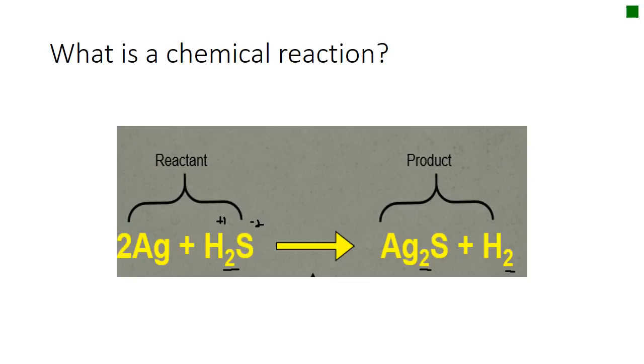Well, to make that stable, you need 2 hydrogens to make it a net 0, right? So the 2 plus will cancel out with the 2 minus, and that's why you need 2 hydrogens there. So this will never change. What you do change during balancing chemical equations are the coefficients. Okay, so that's what you have to make sure that you understand.